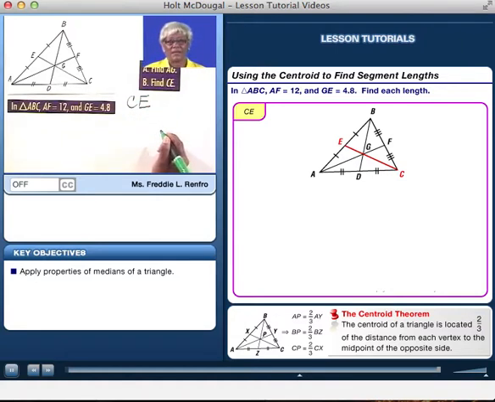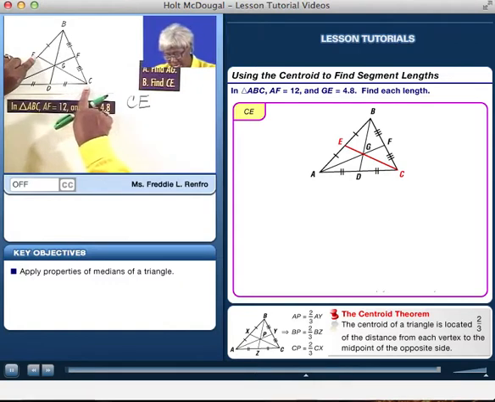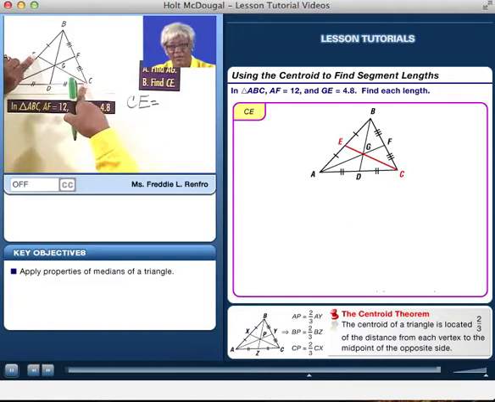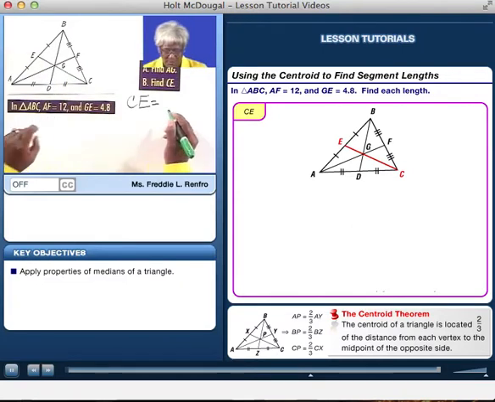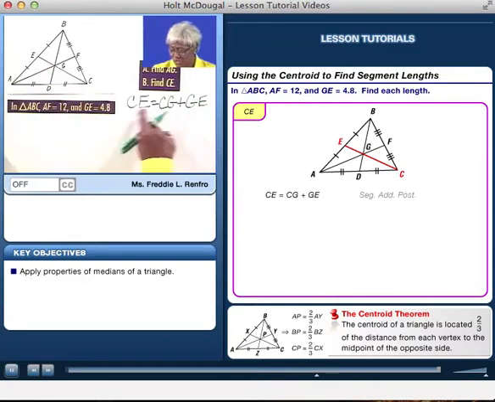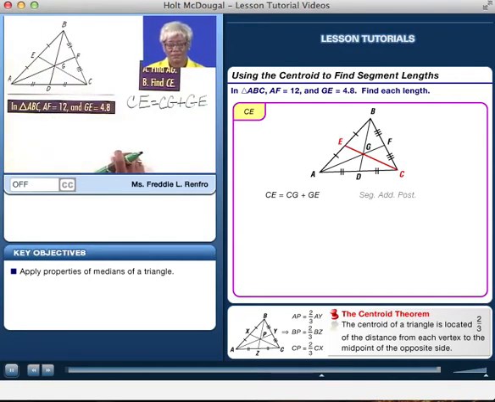That's what we're trying to find. But do you remember that segment addition postulate? CE, the measure of this whole segment, is equal to CG plus GE. This is called the segment addition postulate. You can add these two measures and get the measure of the entire segment.